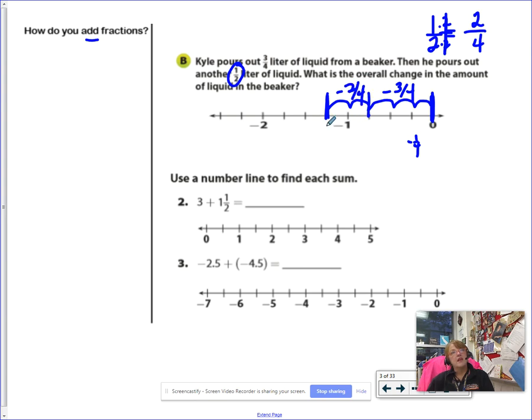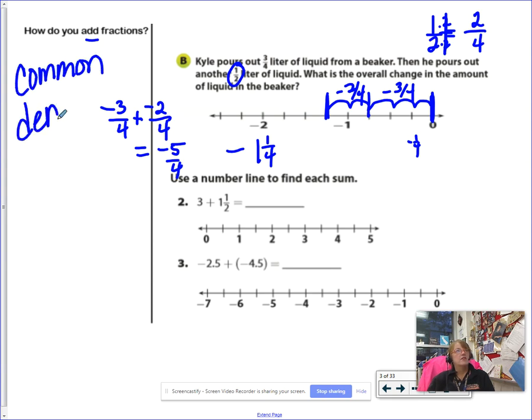That lands me at negative, well, if I look at the mixed number here, it's -1 1/4. If I look at the math way, I'd say, well, I had -3/4, and I'm adding another -2/4, and I get -5/4.